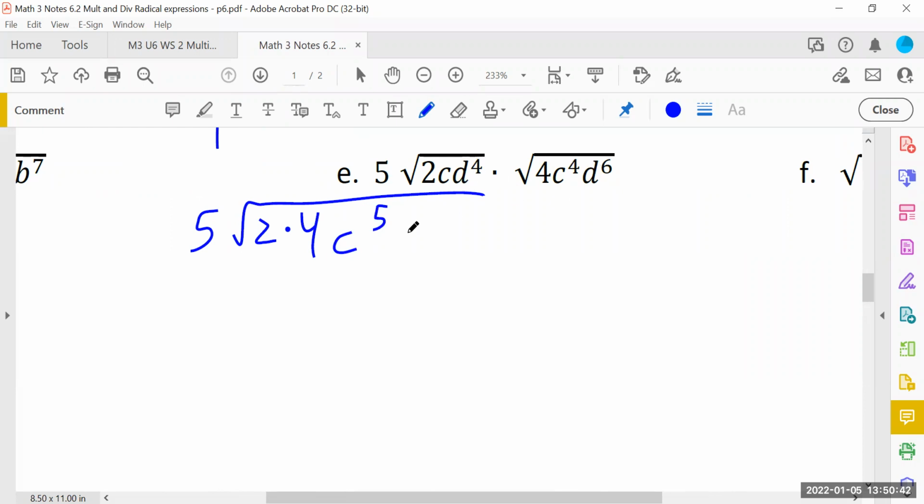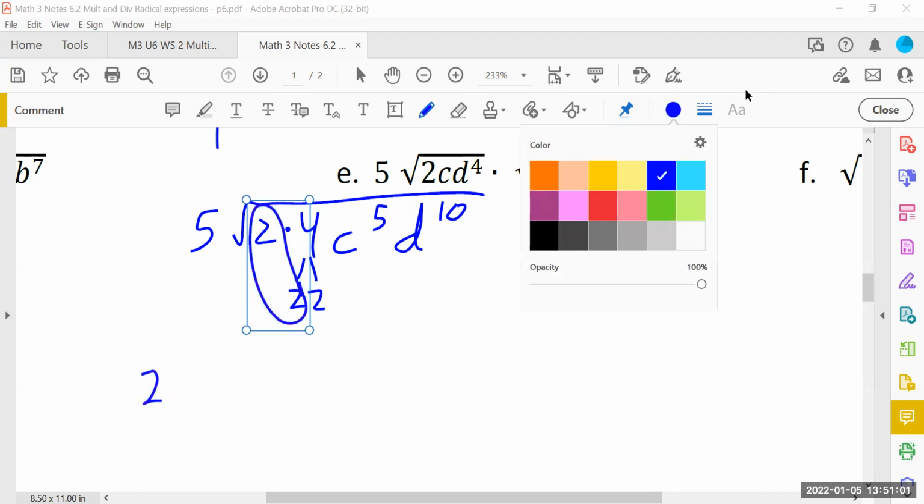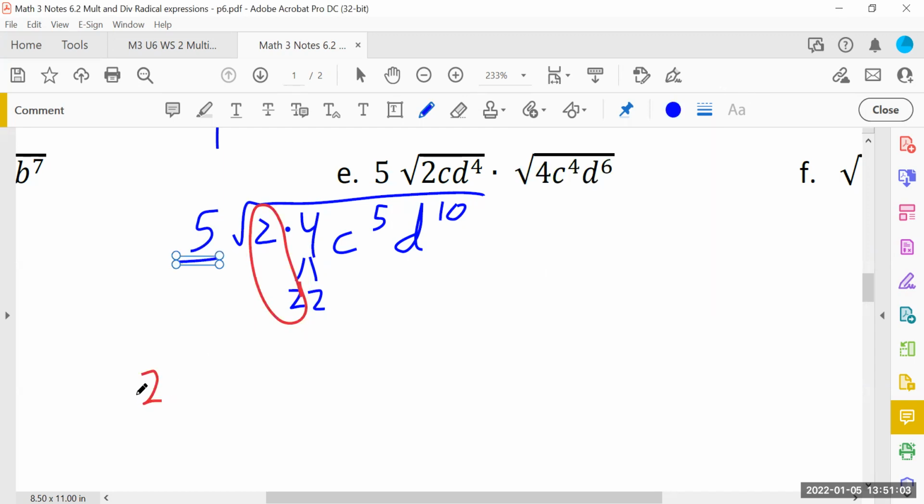D to the 4 and 6 makes D to the 10th. So now I'm gonna look for any pairs of numbers. 4 is 2 and 2, so I have a pair of 2s that can come out. They'd get multiplied by the 5 that was already out there. So 2 times 5, 5 times 2.